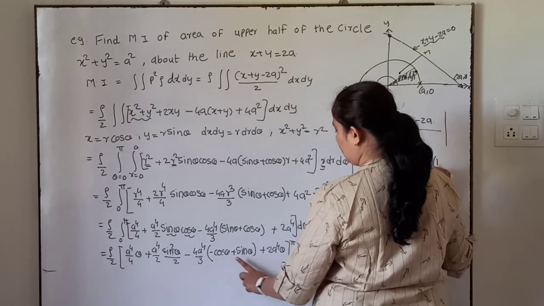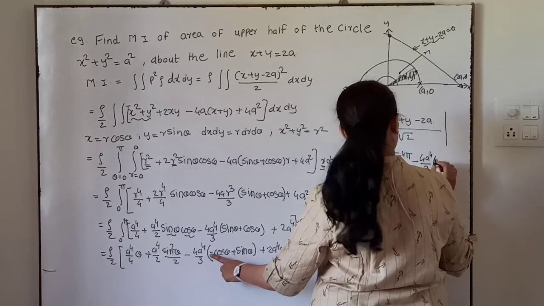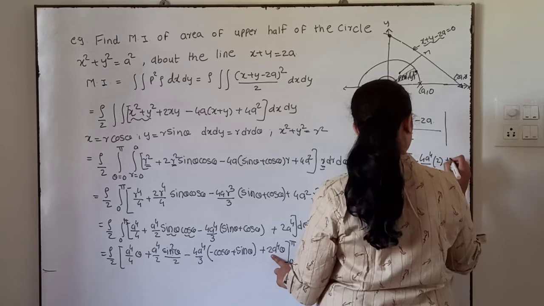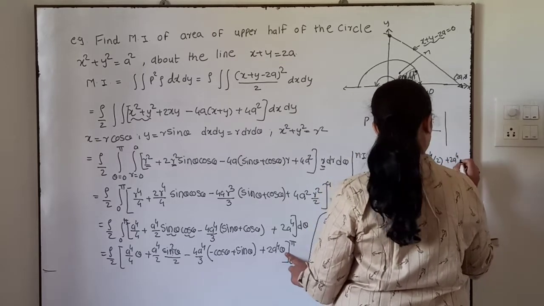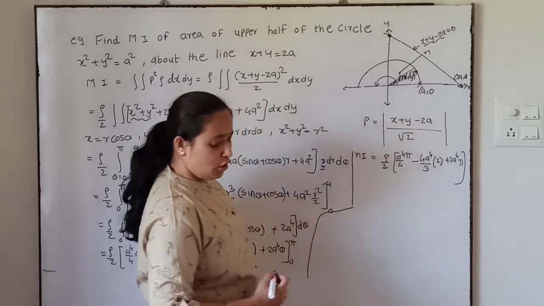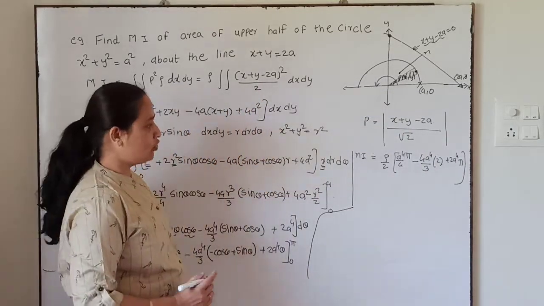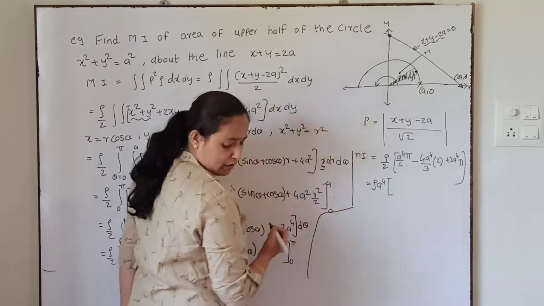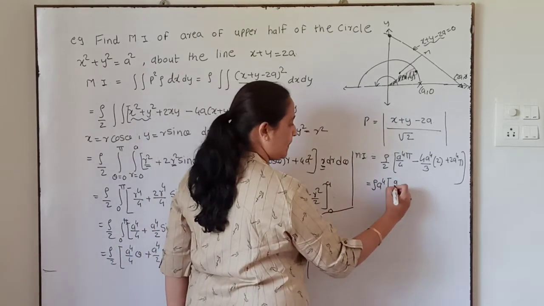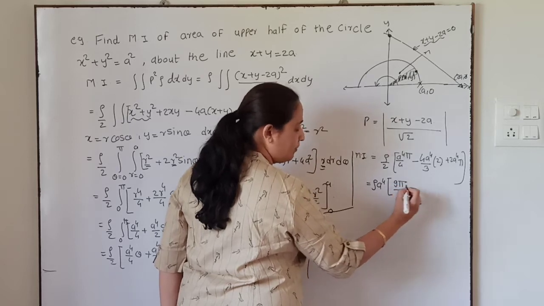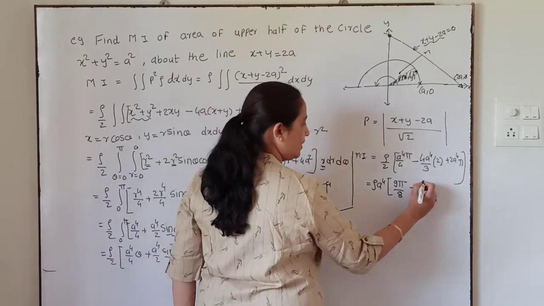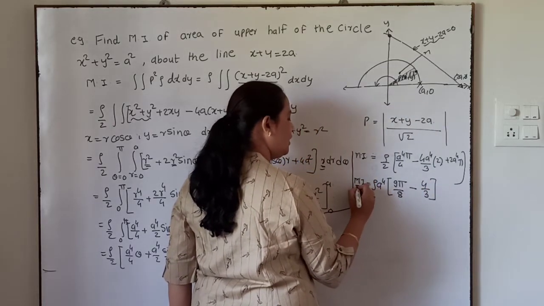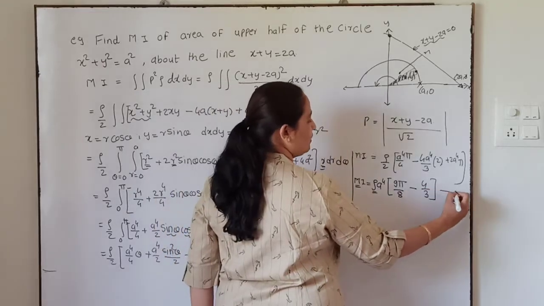For the lower limit, cos 0 is 1, so minus minus plus, so it is 2 times 2. Plus 2 a raised to 4 into theta equal to pi; no need to apply the lower limit. So you will get the answer: rho a raised to 4 in bracket 9 pi upon 8 minus 4 by 3. So this is the moment of inertia in terms of rho. Say this is equation number 1.